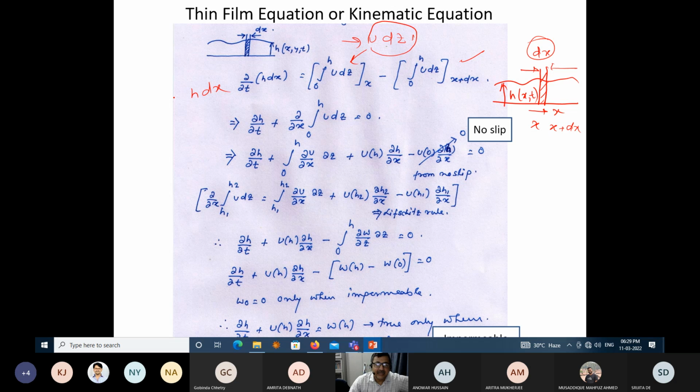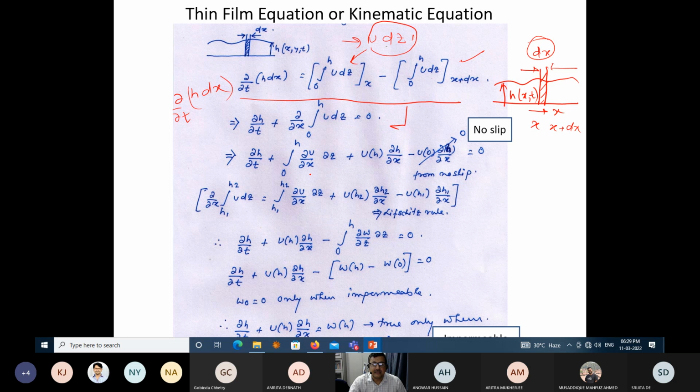So del t of h dx, that means the change in the height locally at every place, is nothing but u dz from 0 to h at x minus u dz from 0 to h at x plus dx. This is the mass balance across the differential volume element, which I simplify to get del h by del t plus del x of the integral from 0 to h of u dz equal to 0. Right? I have just simplified this.